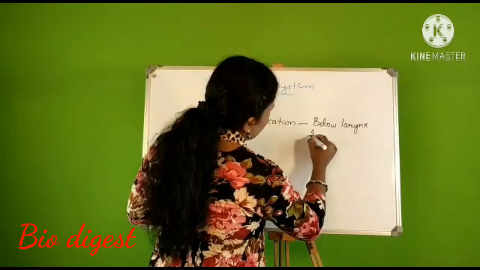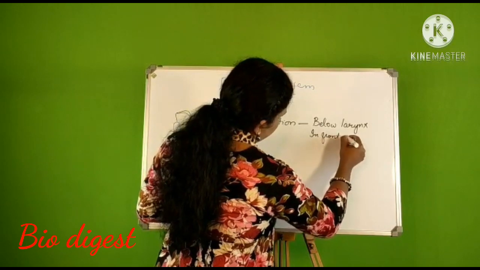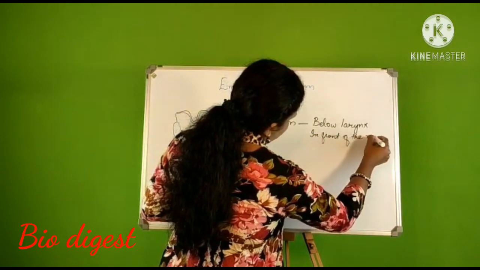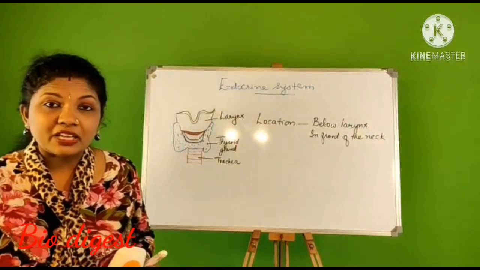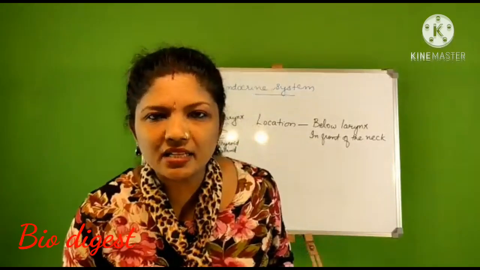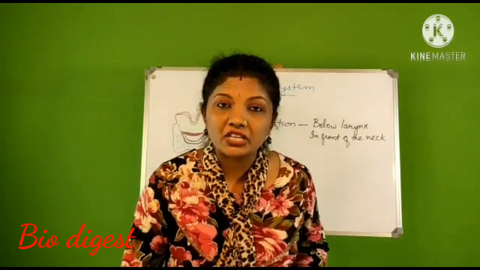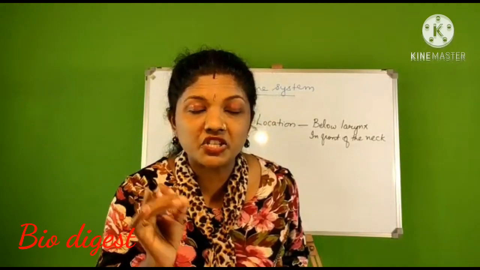In front of the neck, below the larynx. I repeat, in front of the neck, below the larynx is the location of the thyroid gland, which is actually a butterfly shaped structure.